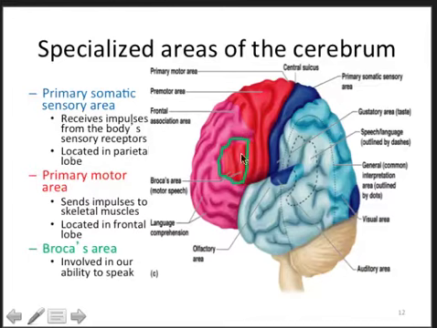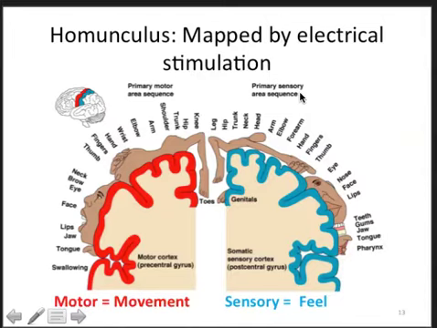So we have general descriptions for the jobs that these different lobes of the brain do, and if we were to focus in on the primary motor cortex and the sensory cortex, one of the things that we would find is that the amount of surface area of brain dedicated to different parts of the body is going to be disproportionate to our normal body dimensions.